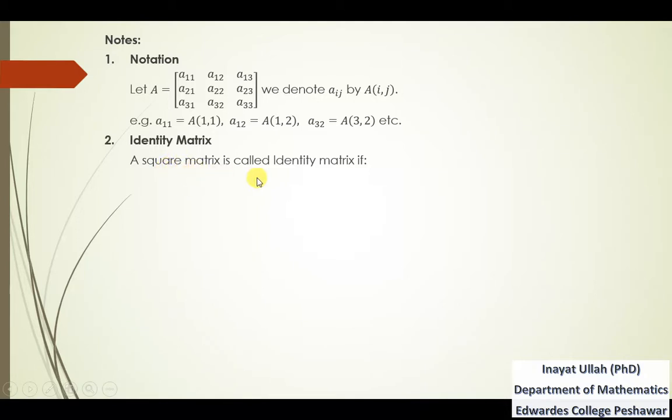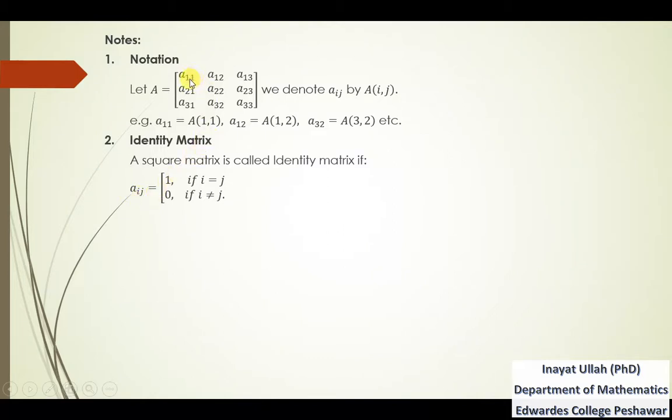A square matrix is called an identity matrix if Aij is equal to 1 whenever I is equal to j. I equal to j means this I and this j are the same.